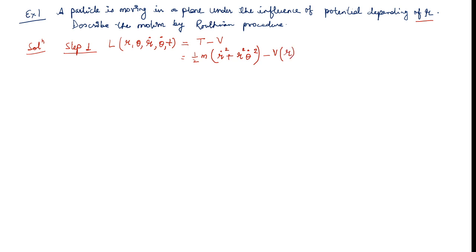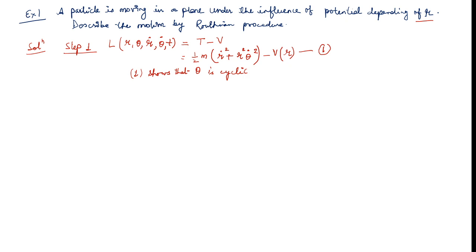You find the Lagrangian and decide what the cyclic coordinates are. In this expression you can very well see that theta is not appearing, only r is there, so theta is the cyclic coordinate. Sorry, theta is cyclic, not r.